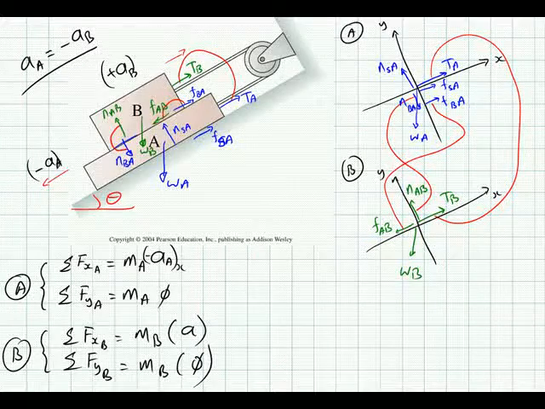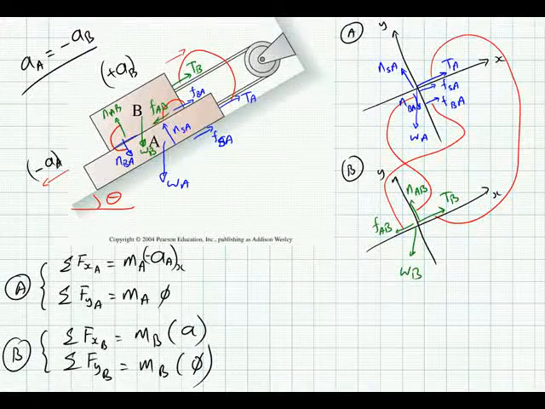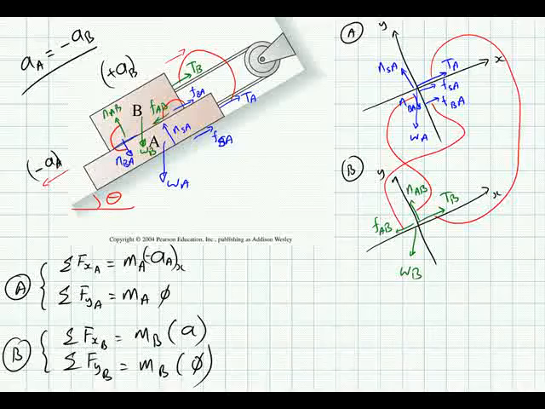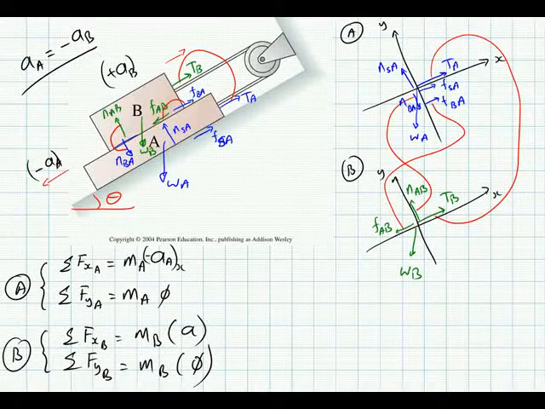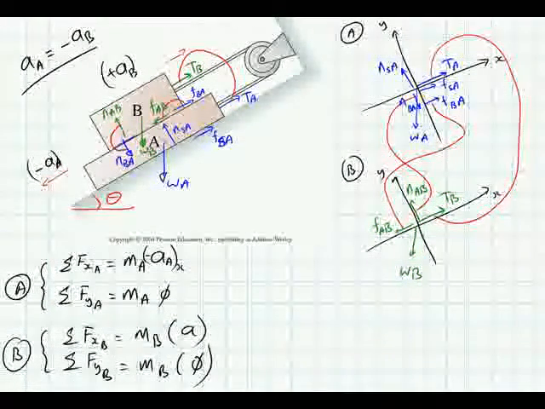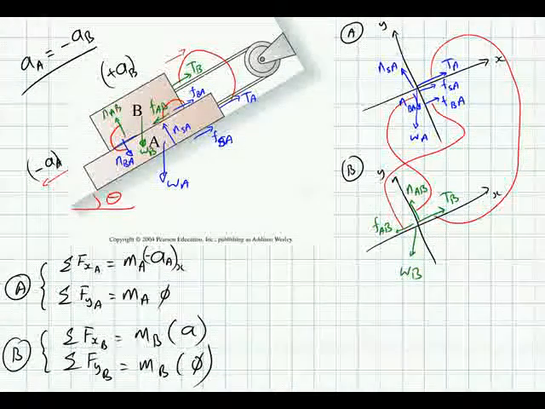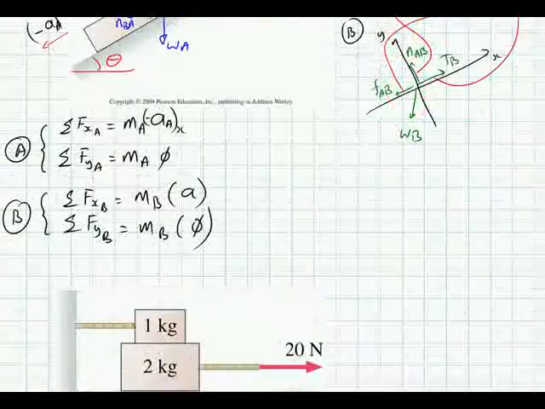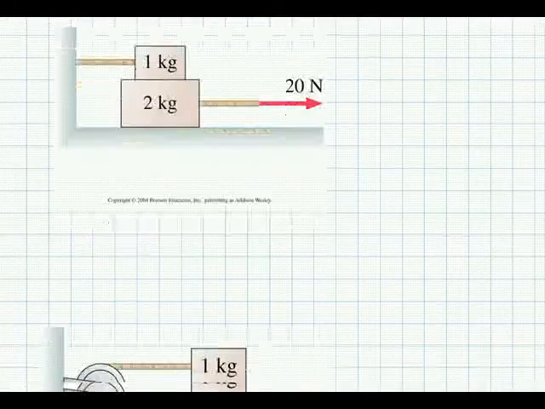The rest of it is algebra. So what I want to go through are examples like this, to show you how things get set up in solving problems involving strings, pulleys, and interacting systems.